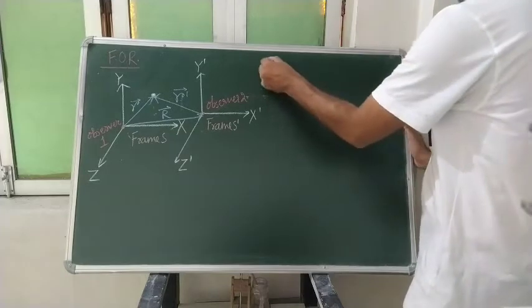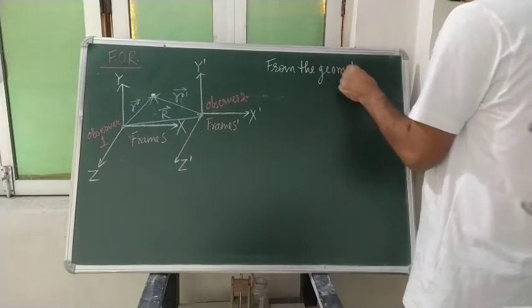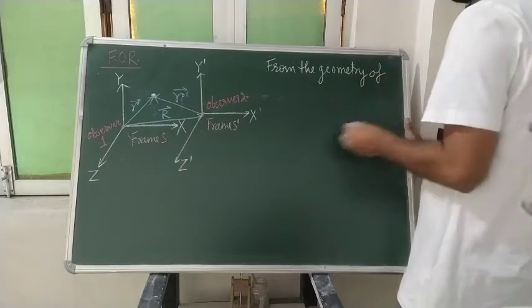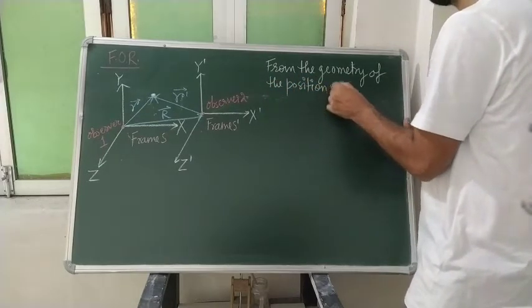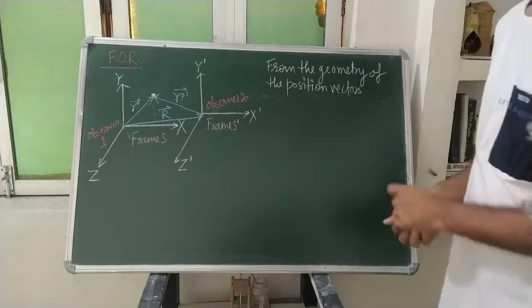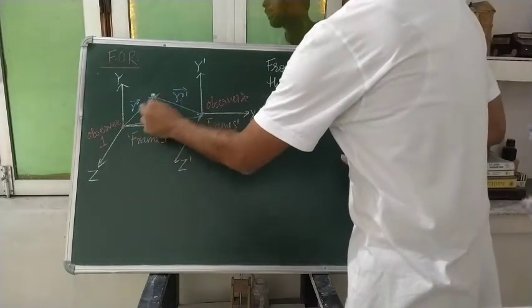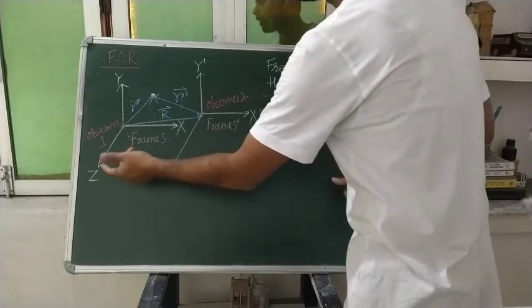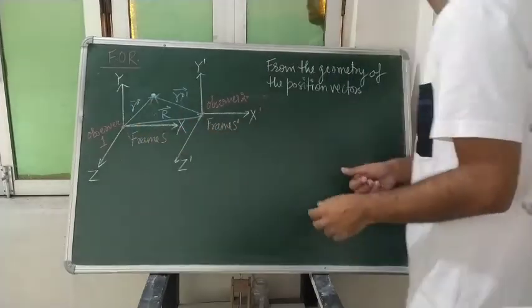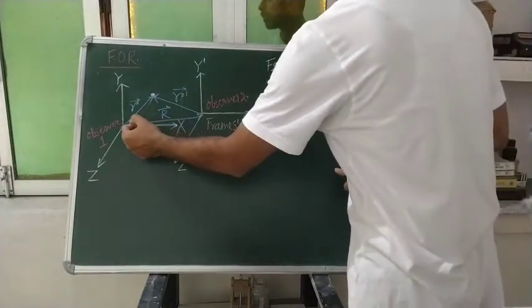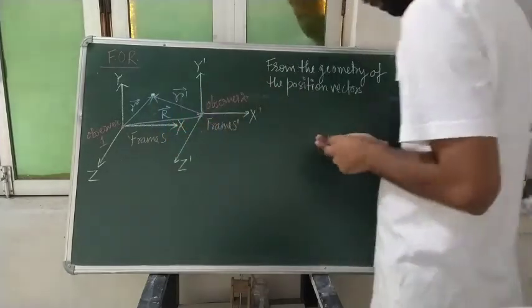From the geometry of the position vectors, the position of the object observed by observer 1, denoted by the small r vector, will become equal to capital R vector plus small r prime vector.